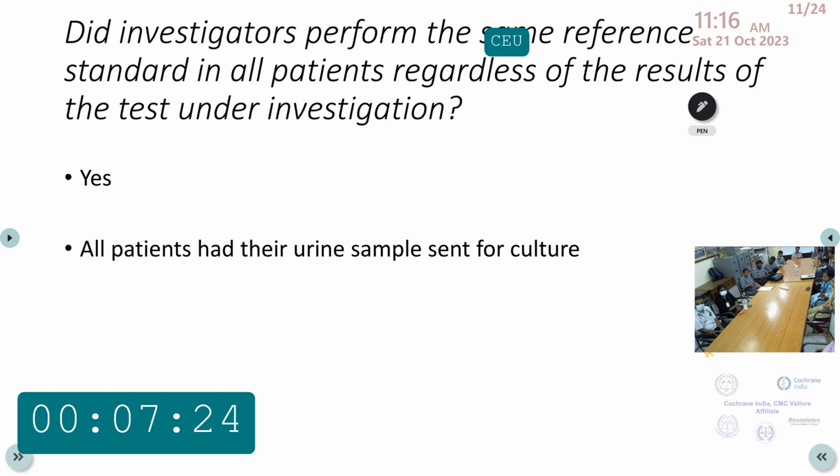And those who have tested negative, you may just plan to follow them up for a period of maybe 1 year and see if they are not worsening without treatment. And then you may decide that they truly do not have pulmonary embolism. So that is what this question deals with. Whether everyone underwent the gold standard or did only some undergo the gold standard.